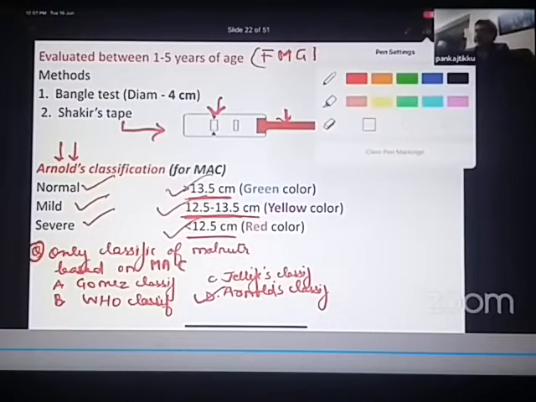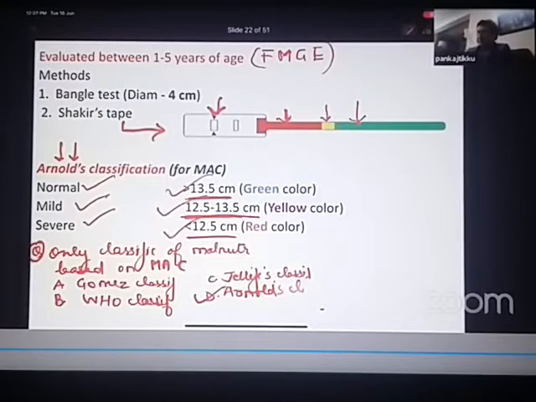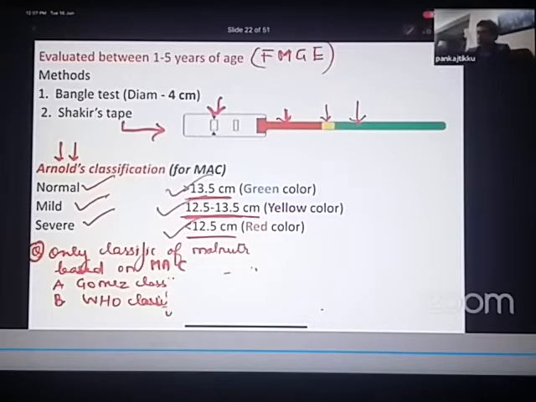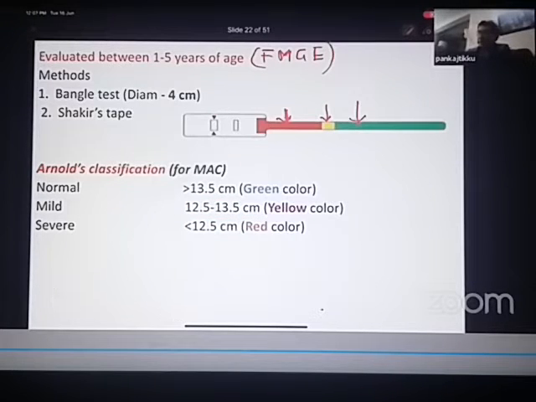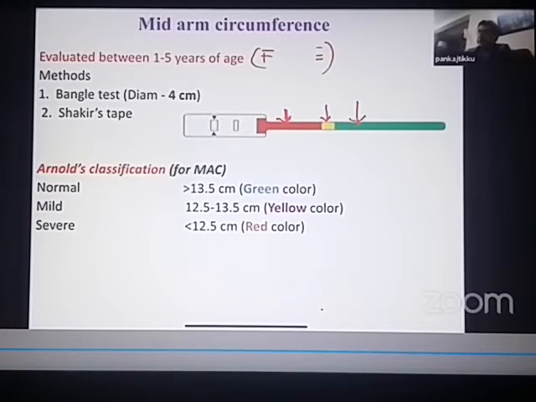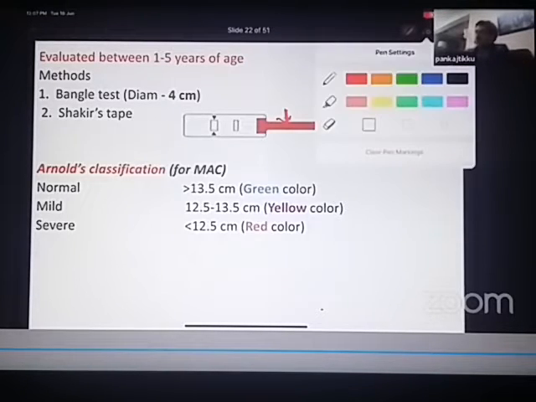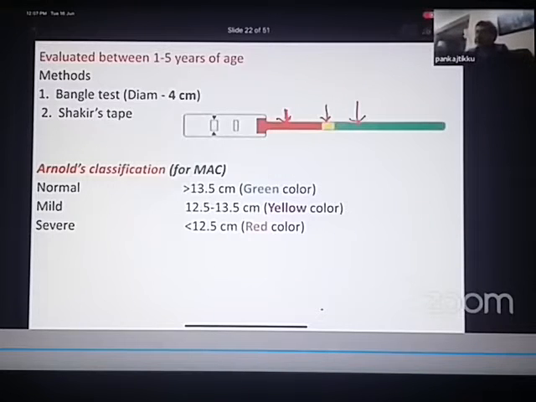Now there is just one thing that I would like to tell you here. Please just pay attention, just one important thing. Till now this was what was taught to us, that any child who has a mid-arm circumference of more than 13.5 centimeter was normal.